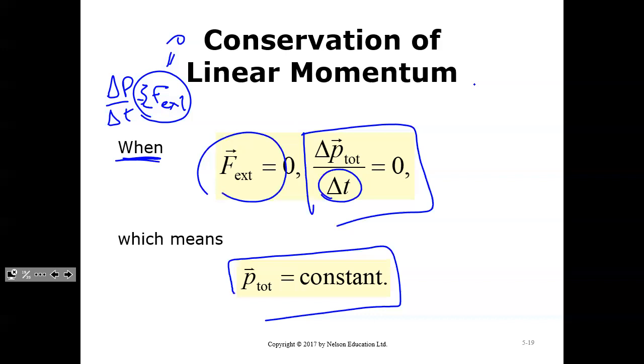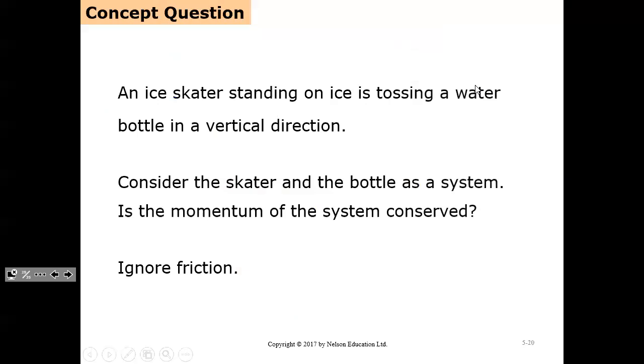If you have a system which is isolated, isolated means there are no external forces acting on it, then the total momentum of the system remains constant. This is the law of conservation of linear momentum. It's conditional. The condition is it is an isolated system, meaning no external force, or the net external force is 0.